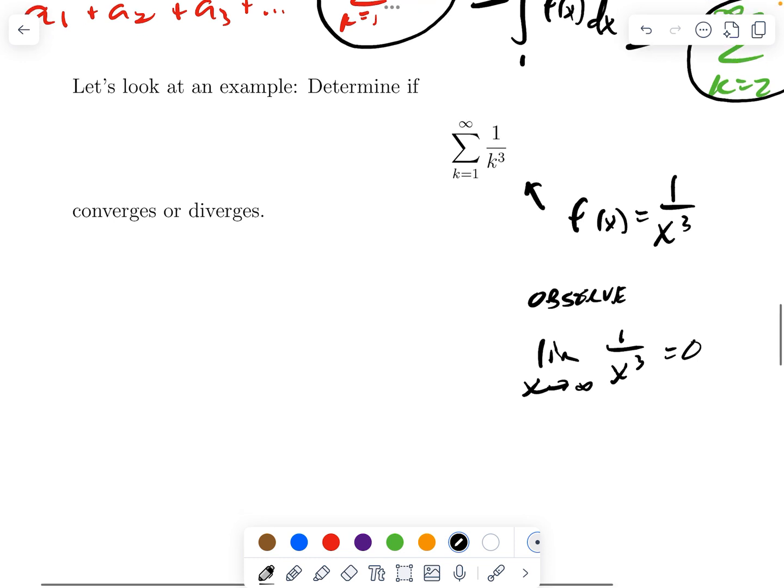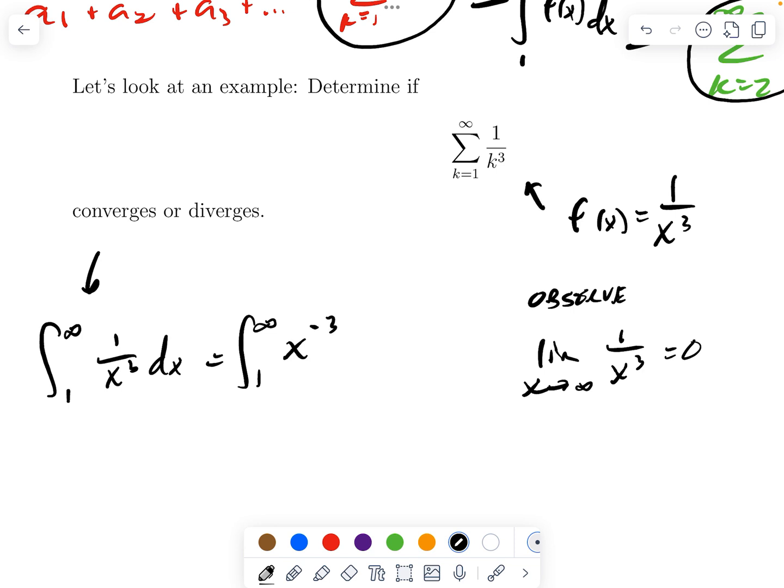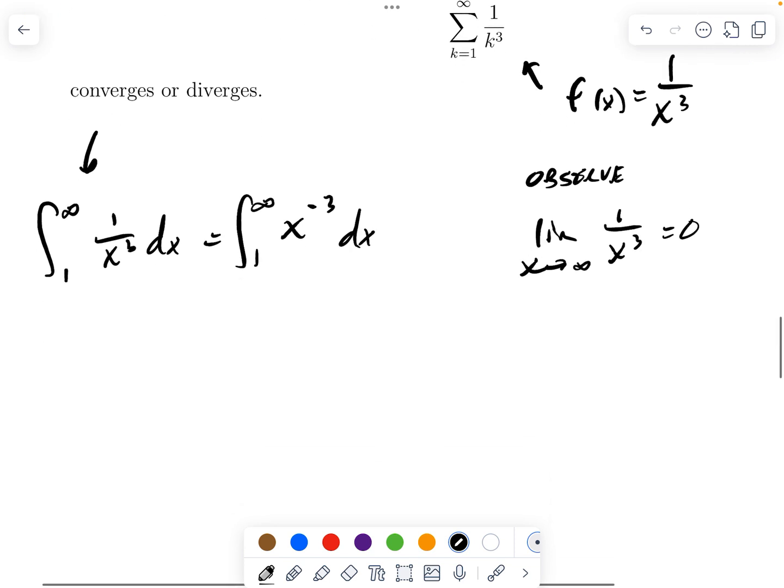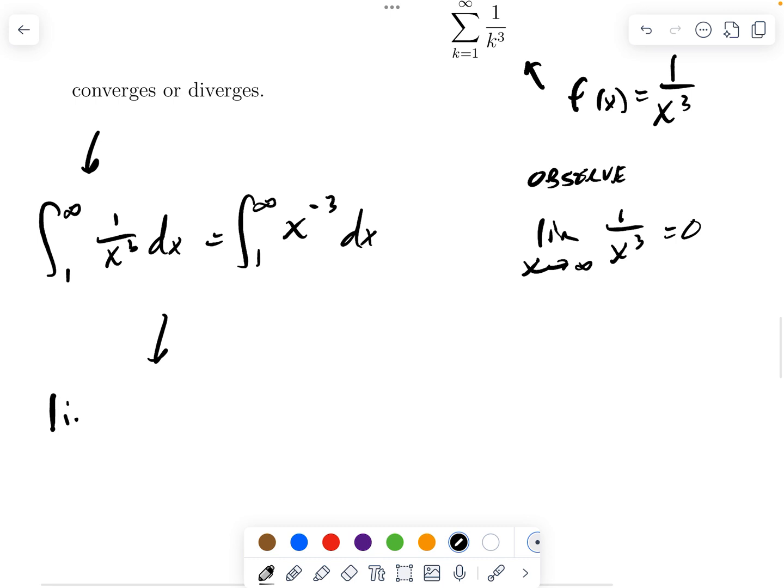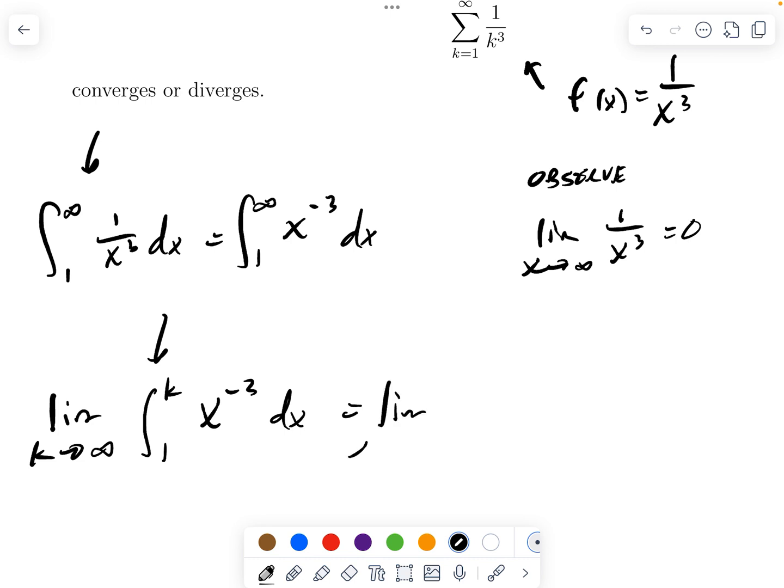So what we can do is convert this to the corresponding improper integral. And we know that this is actually a limit. So this is the limit as k goes to infinity of the integral from 1 to k of x to the negative 3. So my new exponent is -2.